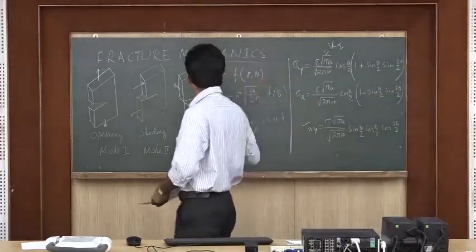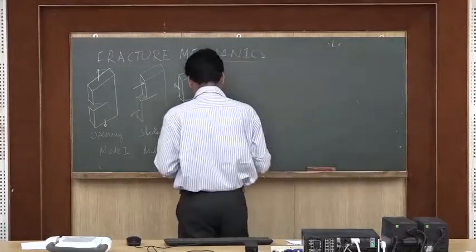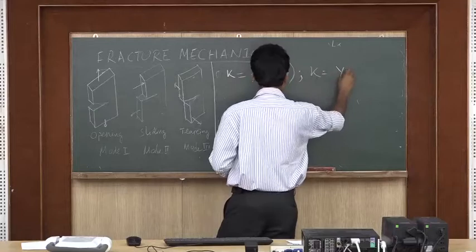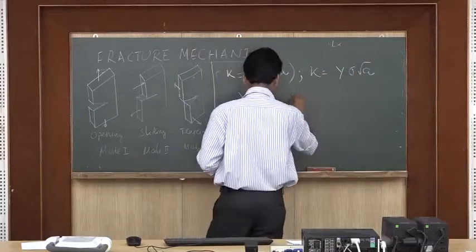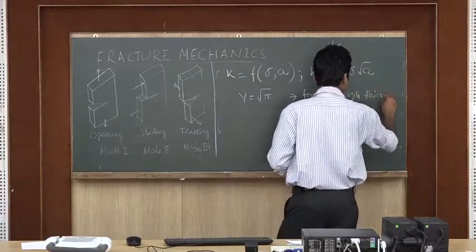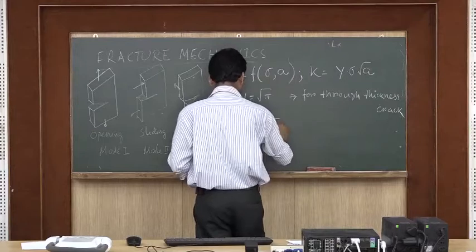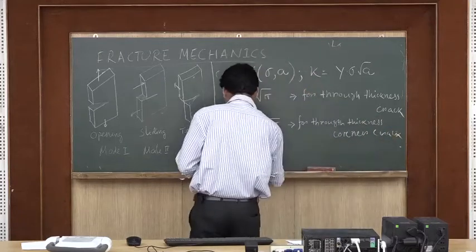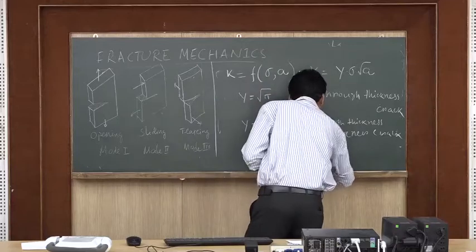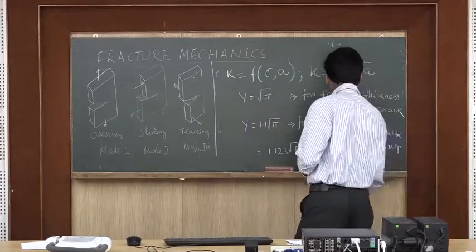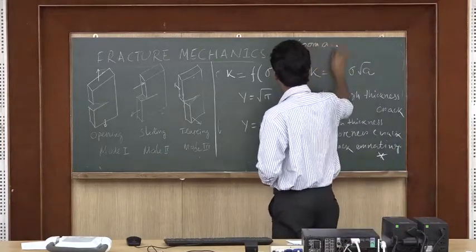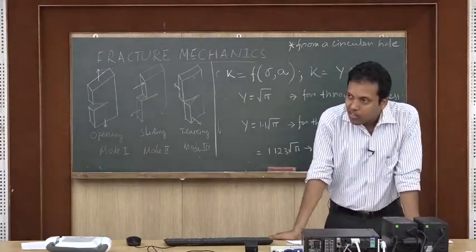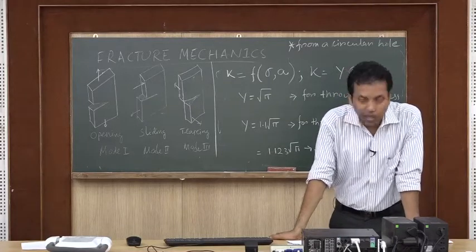So it is simple to follow, that K is a function of crack length and stress.